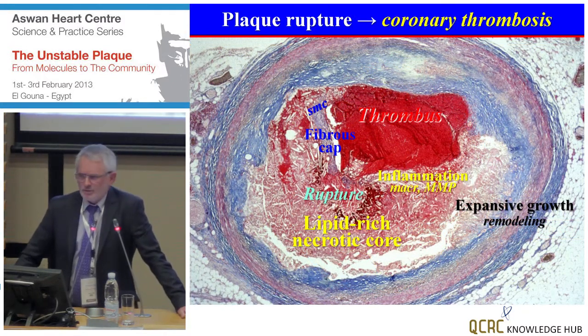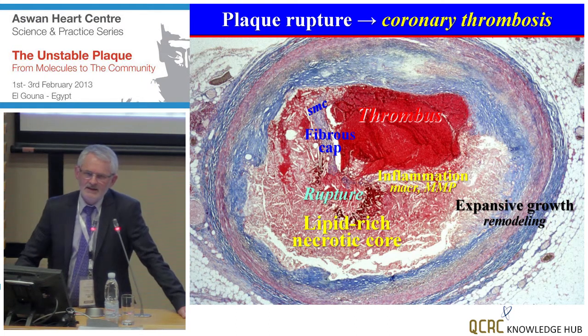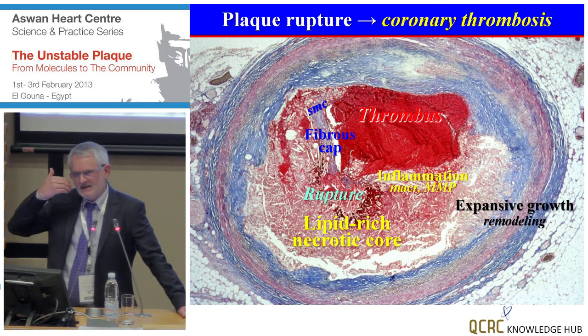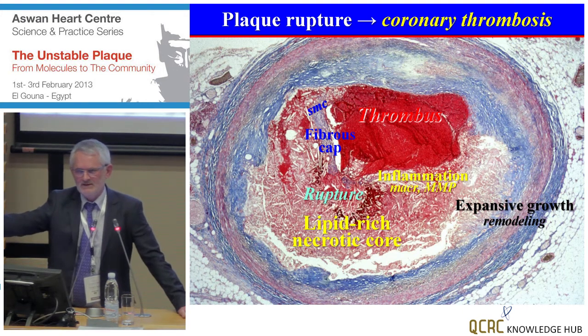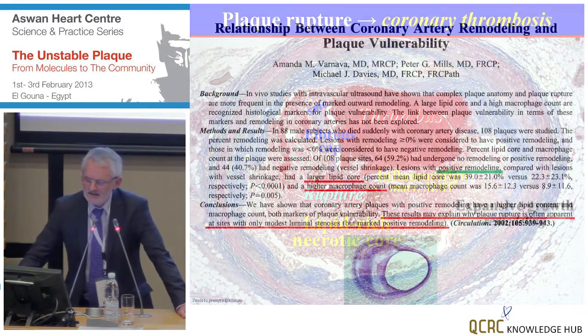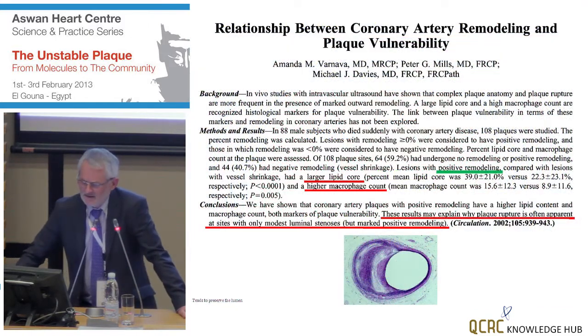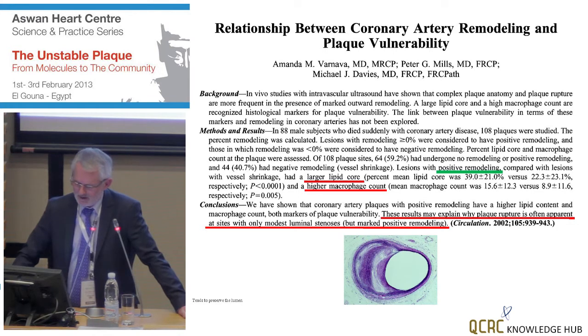Ruptured plaques are also frequently associated with expansive remodeling. It indicates that the plaque has a tendency to grow outward into the vessel wall rather than into the lumen. It has been studied by many pathologists, including Michael Davies from London.